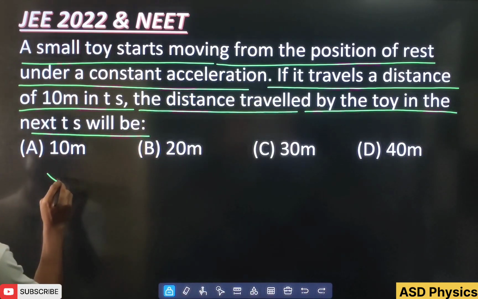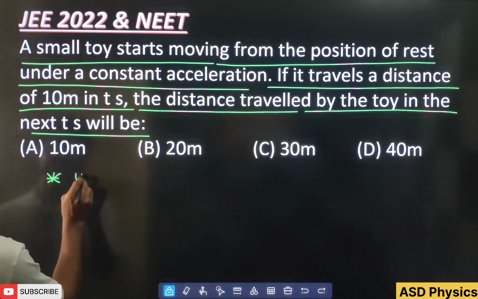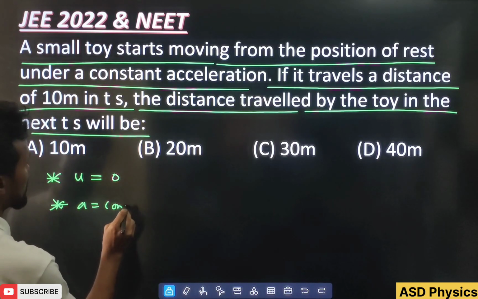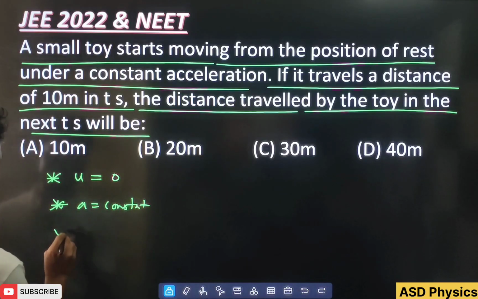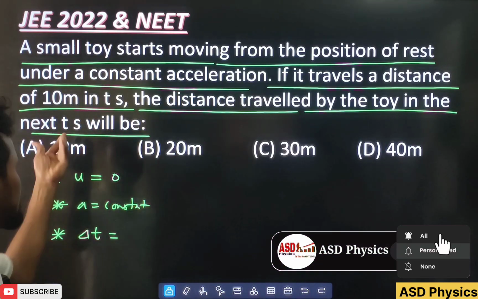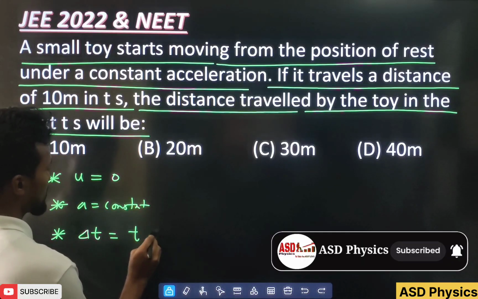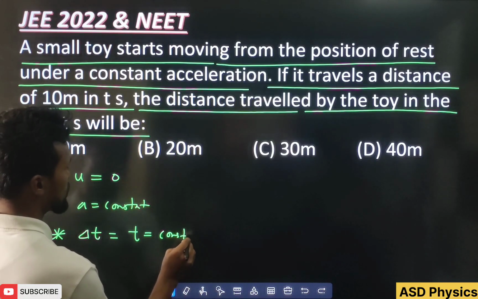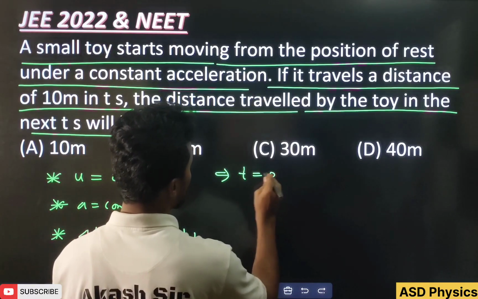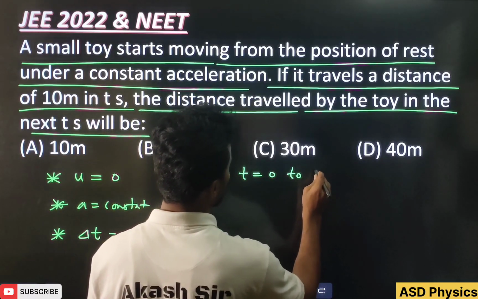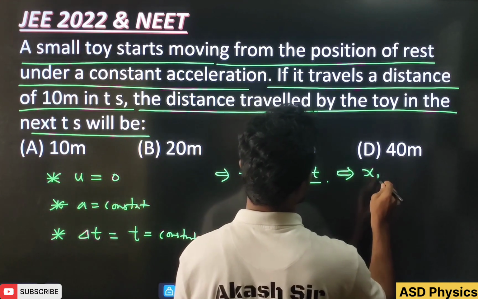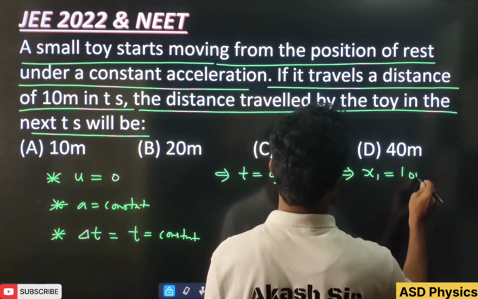So here again, u is 0, starting from rest, acceleration is constant, and the time interval is t seconds, again the next t seconds, so delta t is constant. For the first t seconds, t equal to 0 to t, x1 is given as 10 meter.